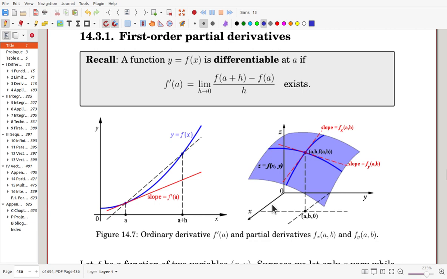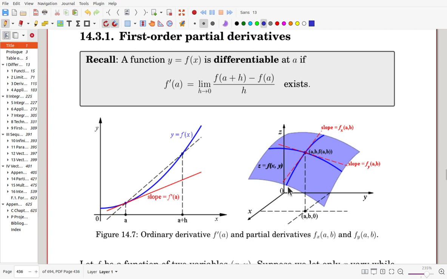For functions of two variables, the graph will make a surface. Now we try to restrict the graph with a plane, for example, parallel to the x-axis, passing through the point.